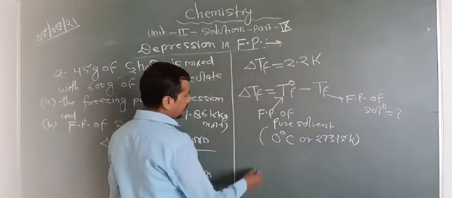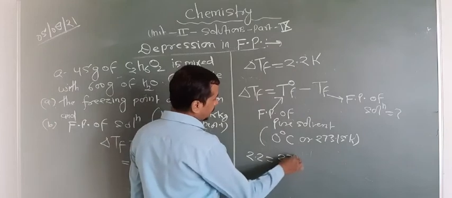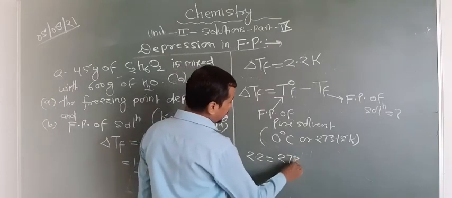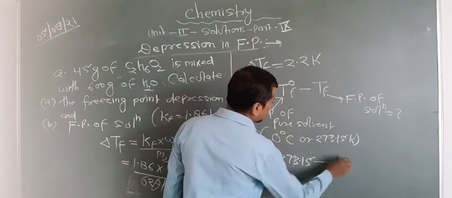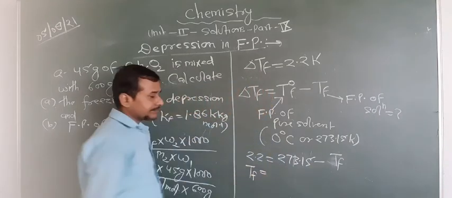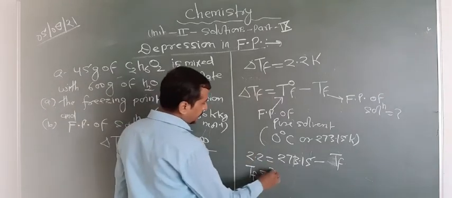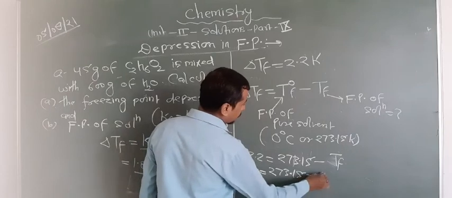Now putting this value, 2.2 equals 273.15 minus TF. So TF equals 273.15 minus 2.2.